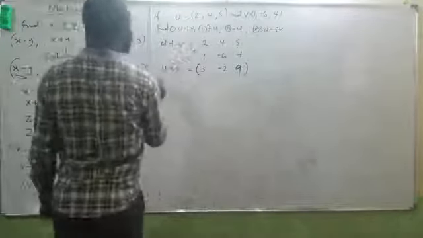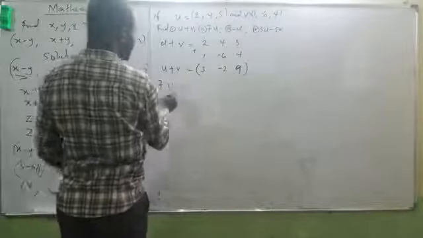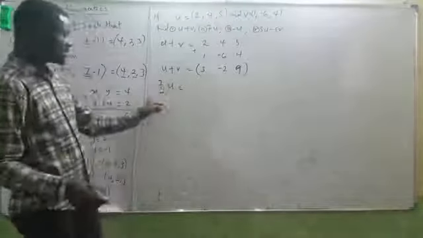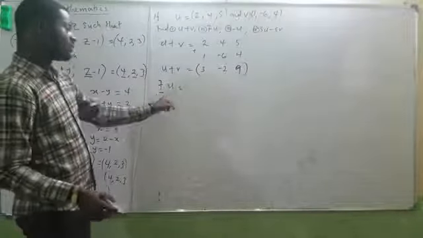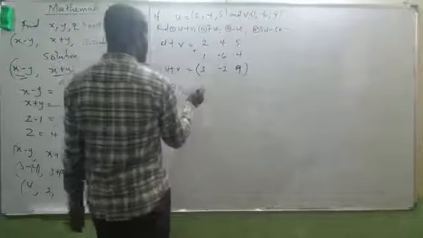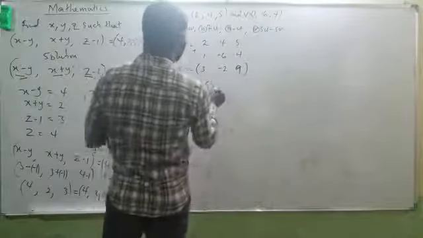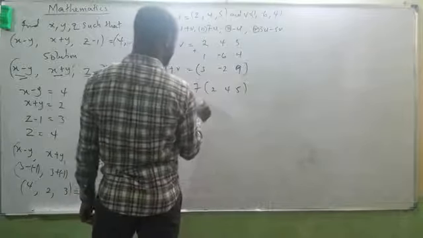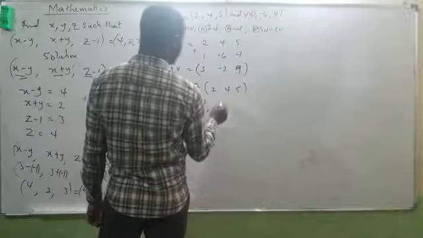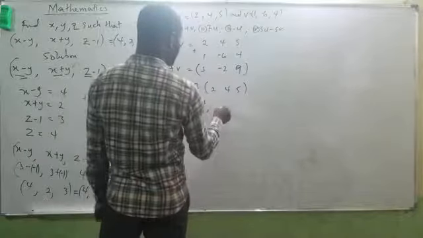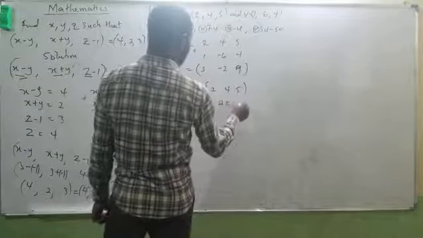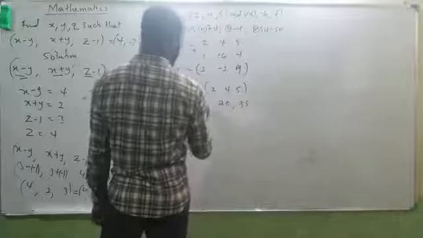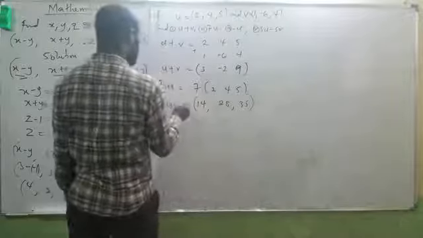Now, when you talk about 7, which is a scalar, it is a scalar of the vector u. It means I'm talking about 7 times (2, 4, 5), which gives 14, 7 times 4 is 28, and 35. So 7u equals that.